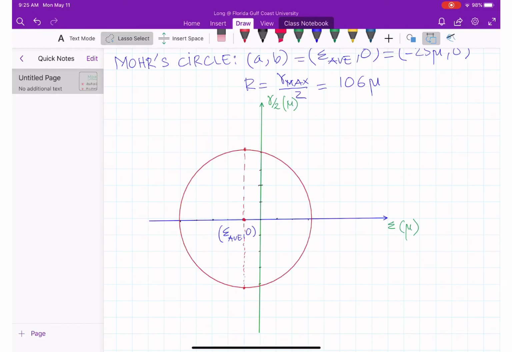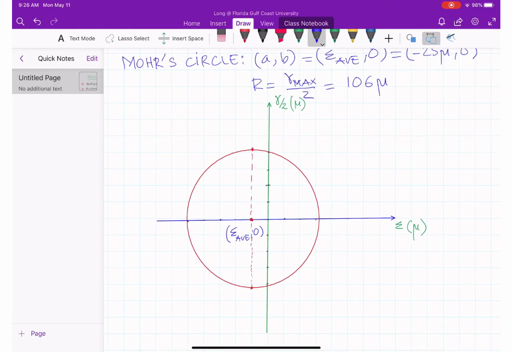That makes a perfect Mohr circle, as you can see there. So the intersection of the Mohr circle with the horizontal axis epsilon, on the right side, will be epsilon 1, the principal normal strain, and the left side is the principal normal strain epsilon 2.